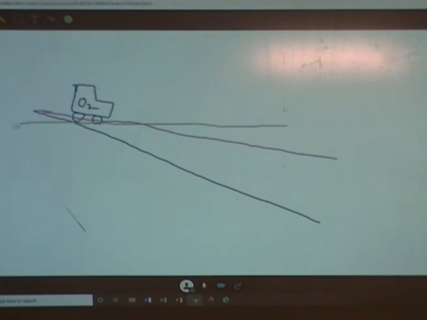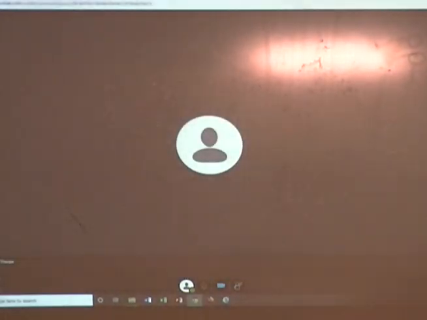And if there is no gradient, so if the pressure is exactly the same on both sides of the membrane, oxygen isn't moving anywhere. Does that make sense? Yeah, that diagram helps a lot.